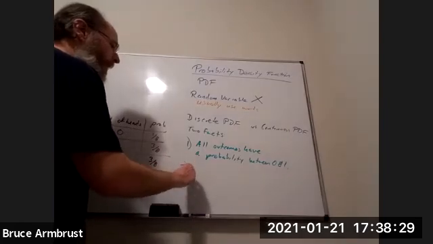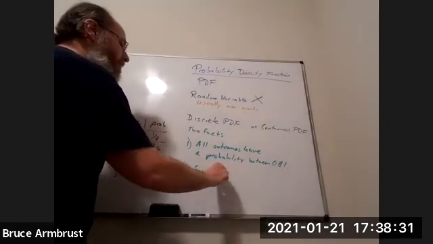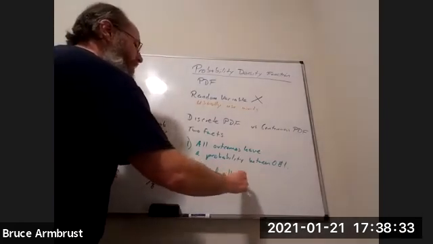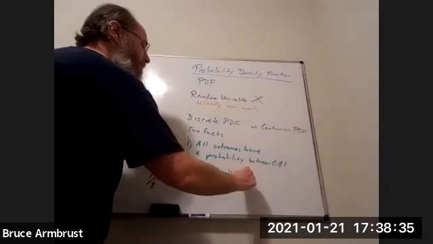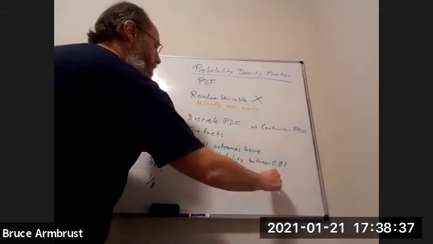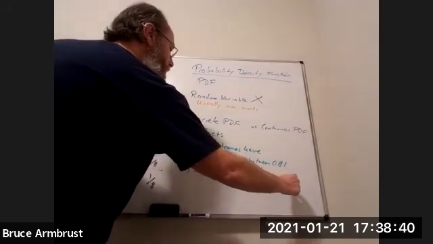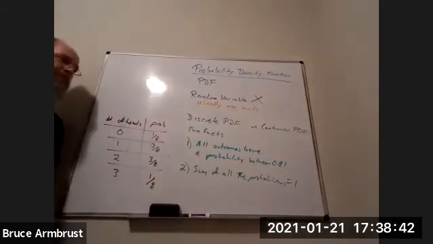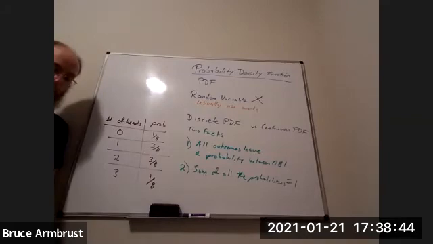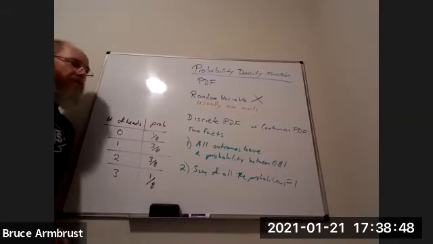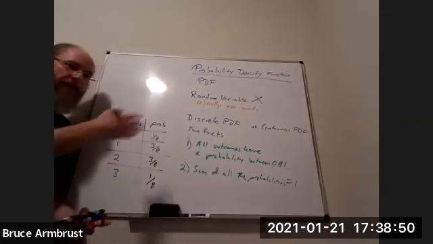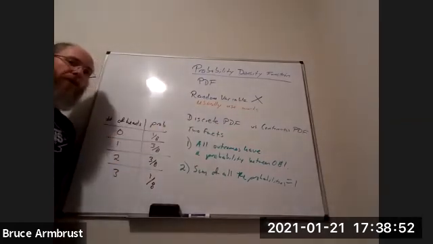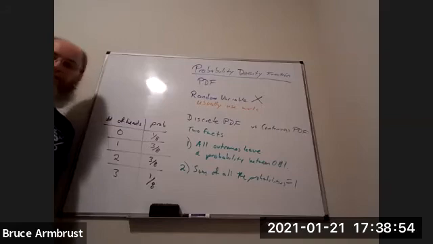And the other fact is that the sum of all of the probabilities equals 1. So if you look at all the possible outcomes in our discrete, like all the different options, those probabilities add up to 1.